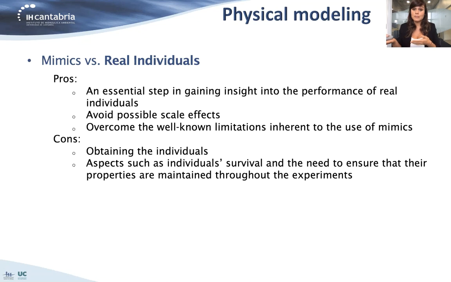And they overcome the already exposed limitations inherent to the use of mimics. However, obtaining these real individuals is not easy, and also aspects such as individual survival and the need to ensure that their properties will be maintained through the experiments should be considered.